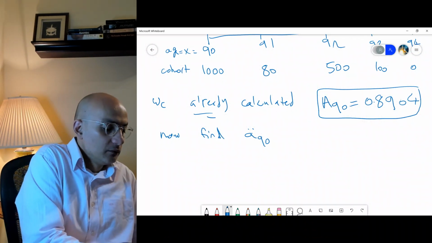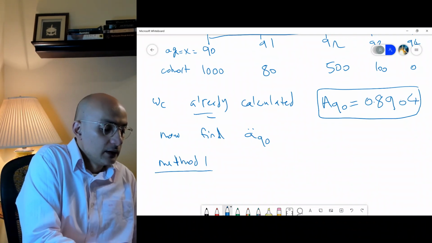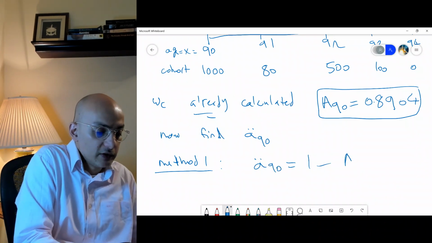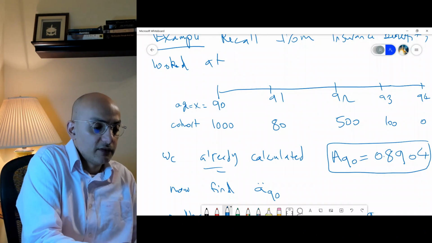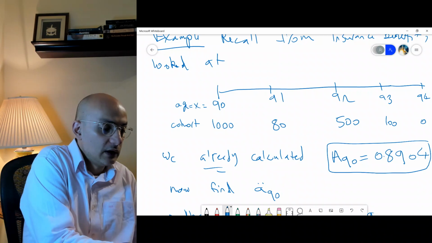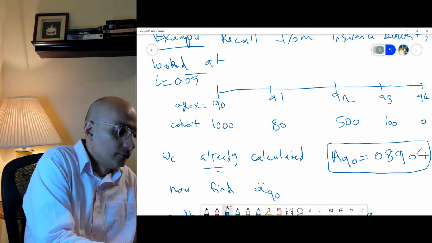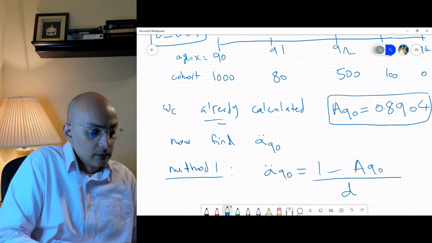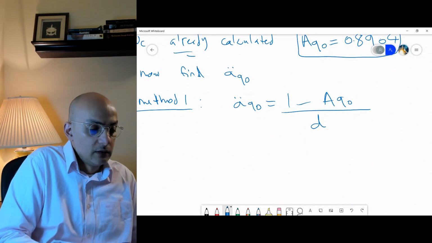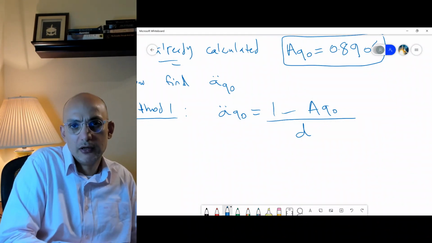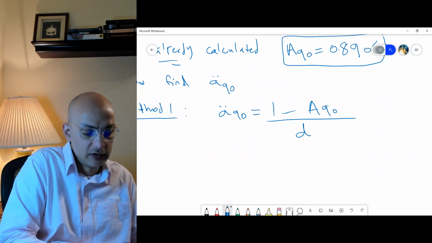So method 1, and always use the easiest one. The easiest one is ä90 equals 1 minus A90 divided by d. And that example gave us i, I think it was 5%. Yeah, 5%. So if i is 5%, remember d will be 0.05 divided by 1.05.